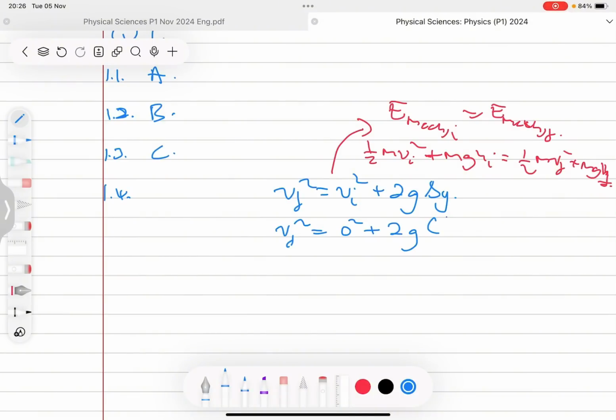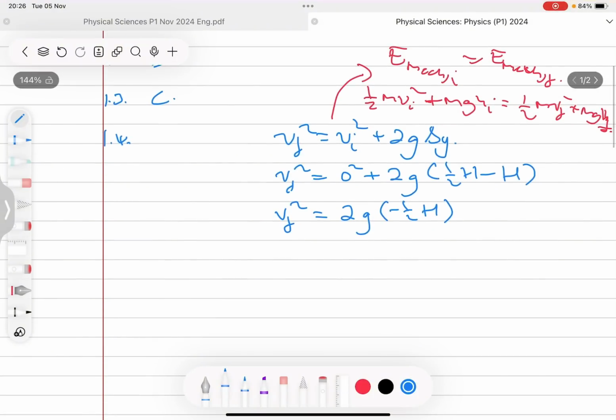So our final height would be 1 over 2 h minus the initial height of h. Right? Now, as we continue with this, we'll have final velocity squared is equal to, the 0 will fall out, so that I have 2g. And we know that when we say half minus 1, we should get negative 1 over 2 h, right?